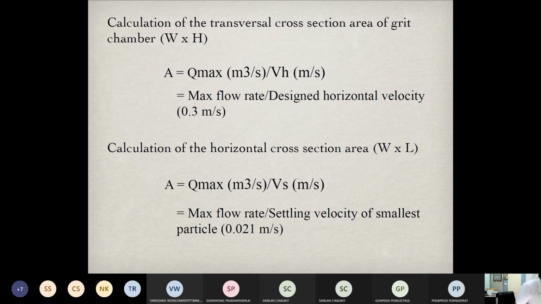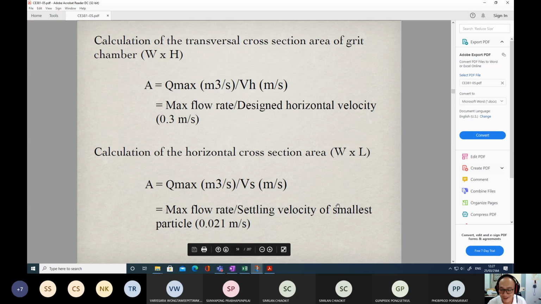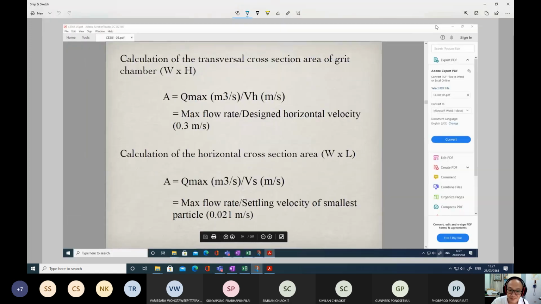Okay. So by the grid chamber, you will be able to see something like this. This is the grid chamber, a rectangular grid chamber.